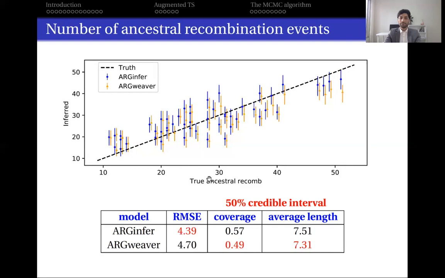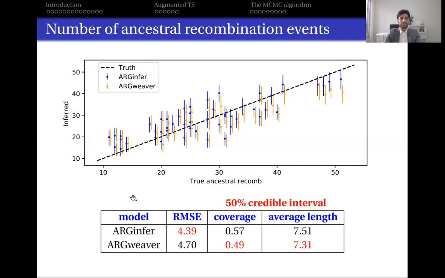Similarly, the x-axis is the true value, and the y-axis is the inferred value for both ARGinfer and ARGweaver with 50% credible intervals. Again, they perform very similarly and float around the true value. But as we go up here, ARGweaver tends to have a smaller number of recombinations than ARGinfer. For this couple here, almost all of these four. But again, it's not the case for all of them. Here, they're kind of equal.